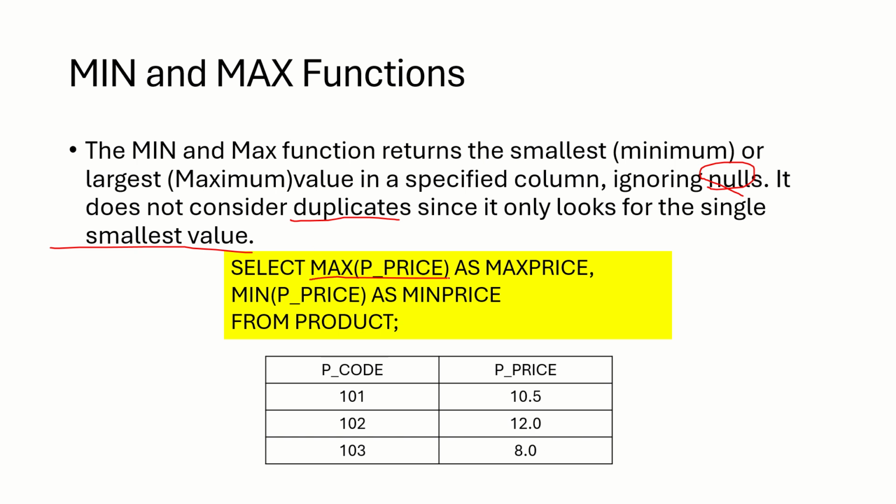In this one, we're doing P price. P price maximum, we found the one right here. Then P price minimum, which is right here. So this will return 12.0 and 8.0.